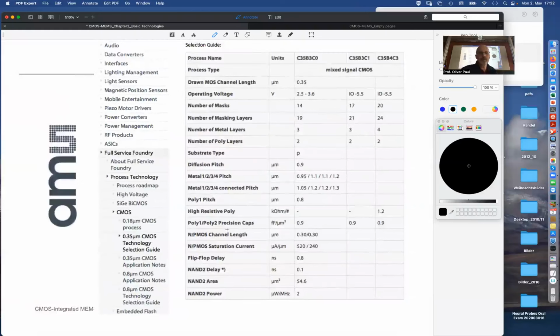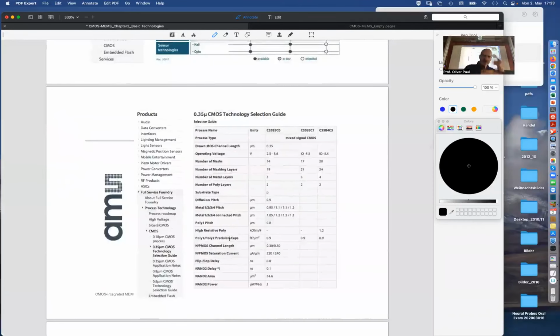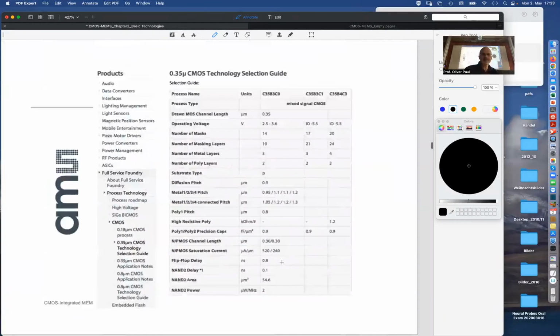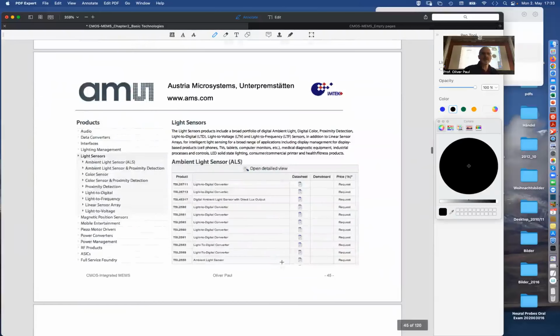No doubt. Then we have precision capacitors. Oh, the circuit designers love that. So and so many femtofarad per square micrometer, and so on and so on. So all this is information that can translate into designs and options and ideas. Well, let's get over this.